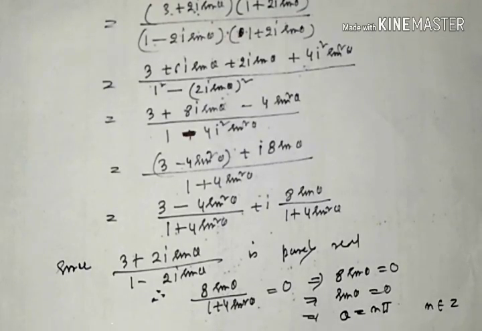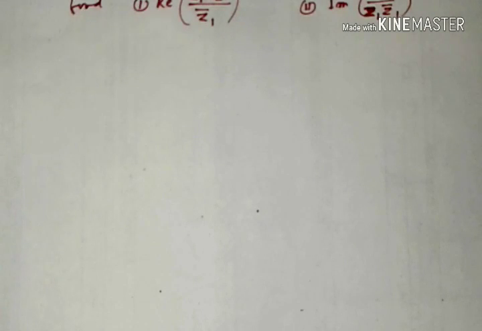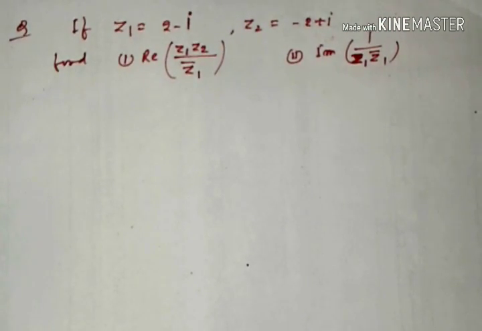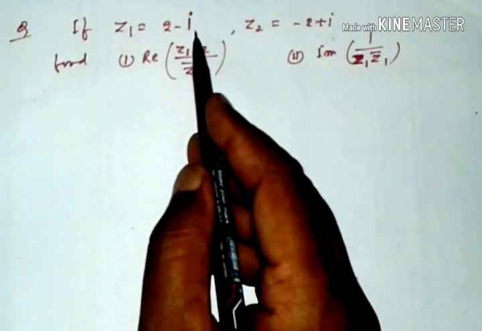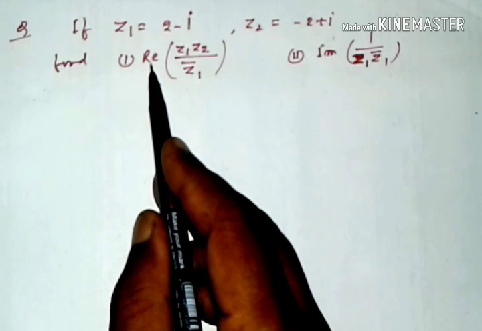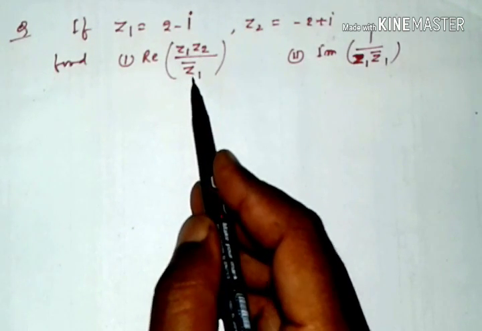Next problem, that is given. If z1 is equal to 2 minus i, z2 is equal to minus 2 plus i, find the real part of z1 z2 by z1 bar.